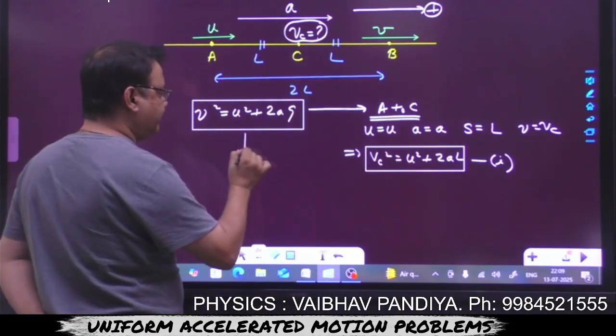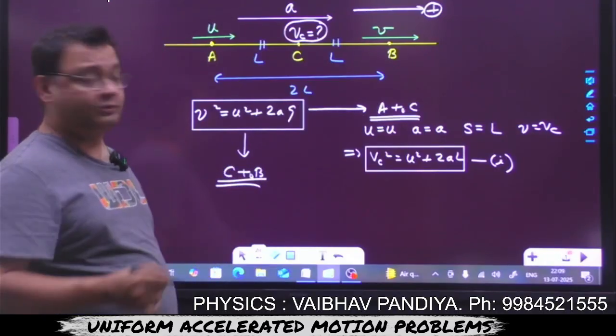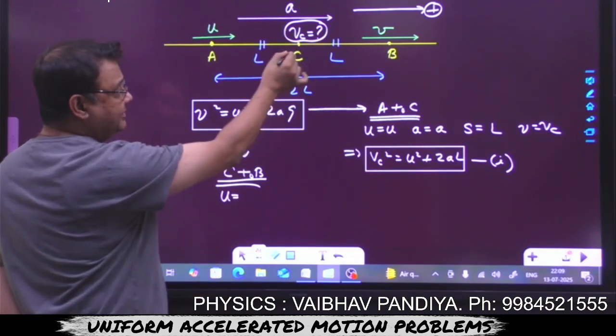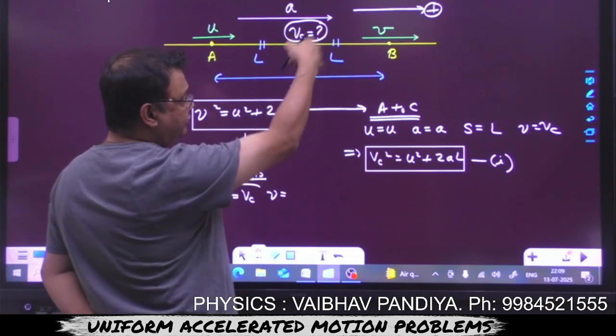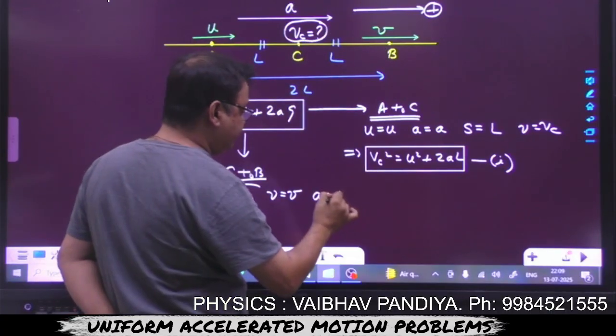Now when applying this equation from C to B, what do you think is the initial velocity? The initial velocity for this segment is the velocity at C, that is vc. The final velocity would be the velocity at B, that is v. The acceleration is the same a.